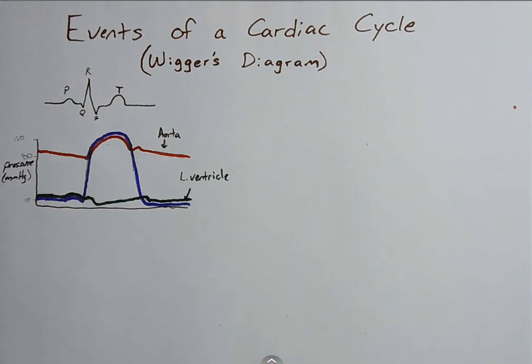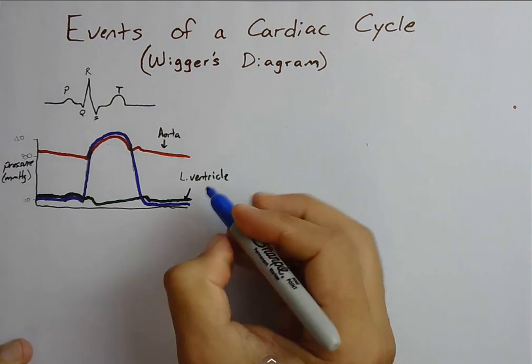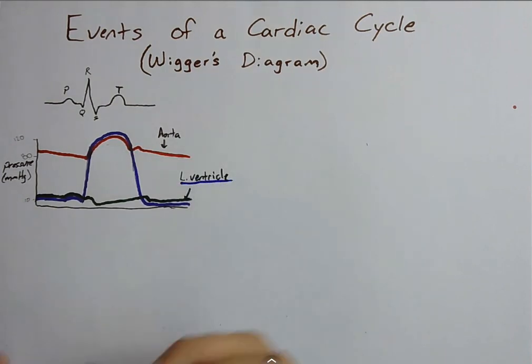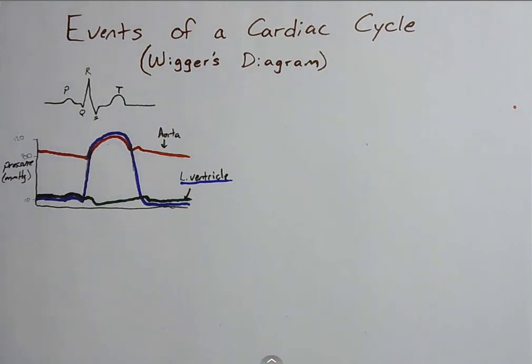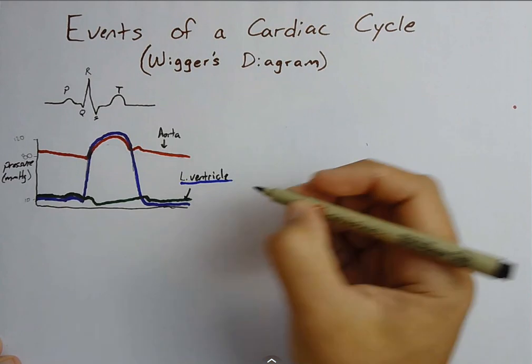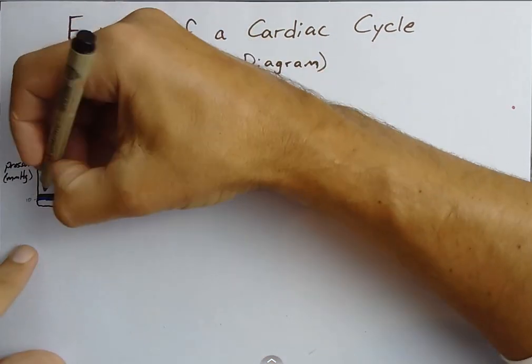Okay, those arrows over there are a little confusing, aren't they? So let's go ahead and put in left ventricle and underline it as blue so you guys can follow that along. Versus the green line, which is going to be a representation of the left atrial pressure.